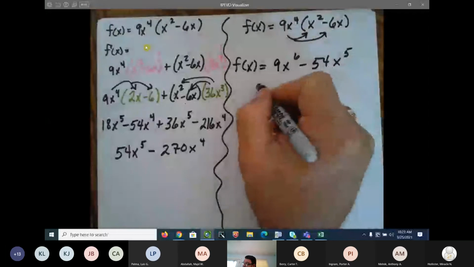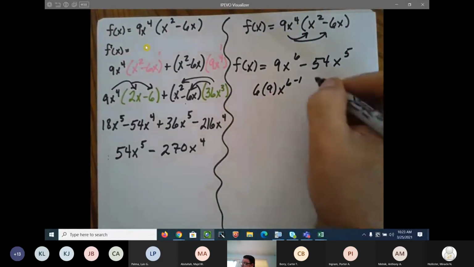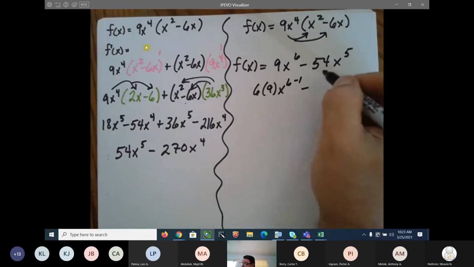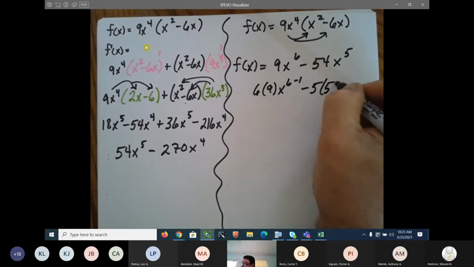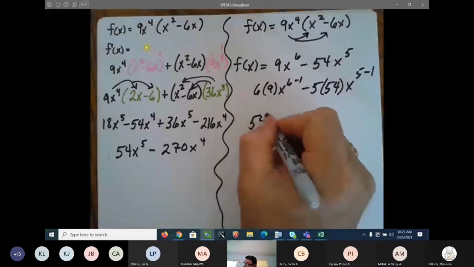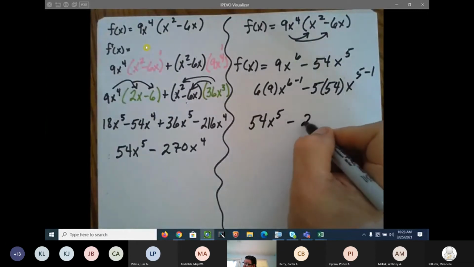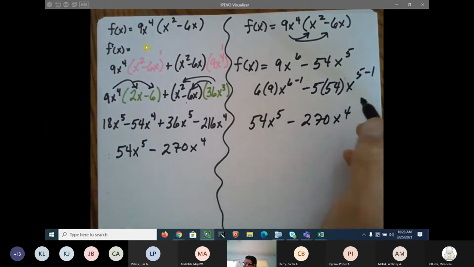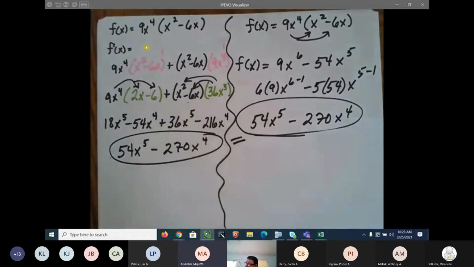And that's going to be 6 times 9 x to the 6 minus 1, minus, I believe that's 270, but 5 times 54 x to the 5th minus 1. 54 x to the 5th minus 270 x to the 4th. It's a miracle. Should they equal? Yes.